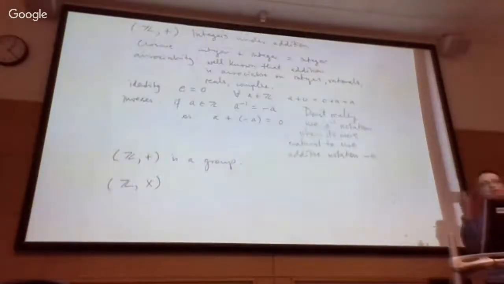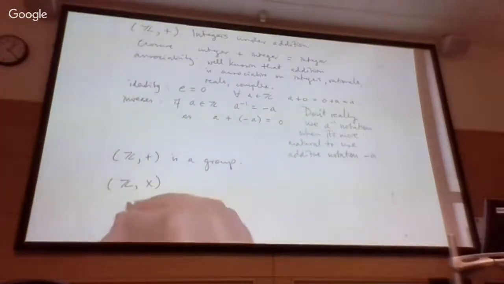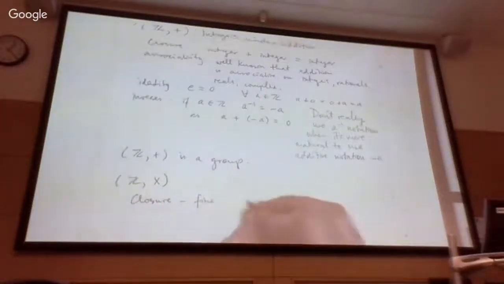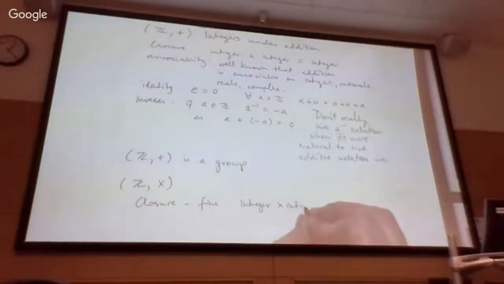What about the integers under multiplication? Is this a group? Well, you can start going through the axioms. Closure is fine. Integer times an integer is always an integer.